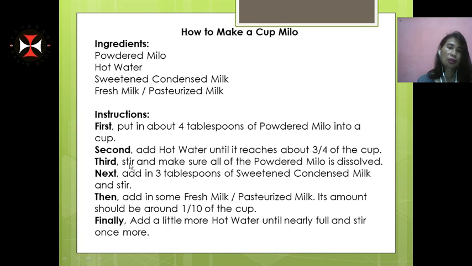Third, stir and make sure all of the powdered Milo is dissolved. Next, add in 3 tablespoons of sweetened condensed milk and stir. Then, add in some fresh milk or pasteurized milk. Its amount should be around 1/4 of the cup. Finally, add a little more hot water until nearly full and stir once more.